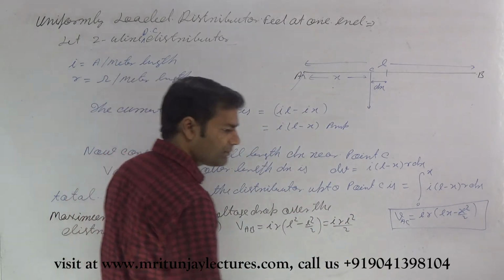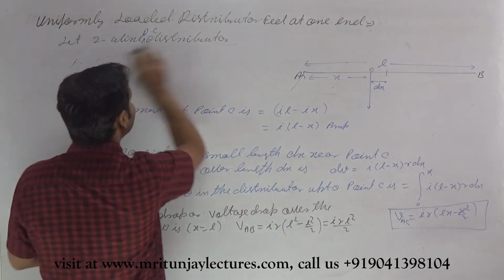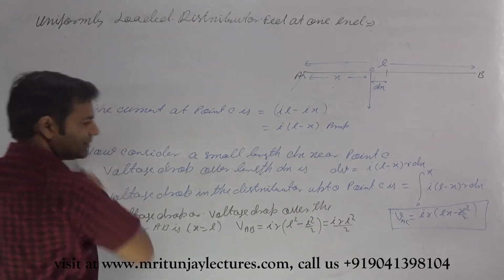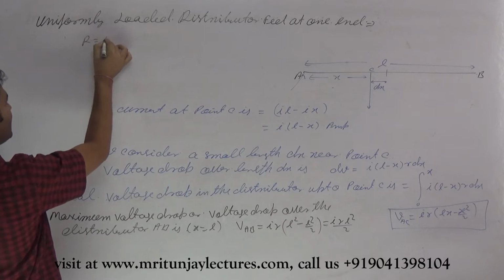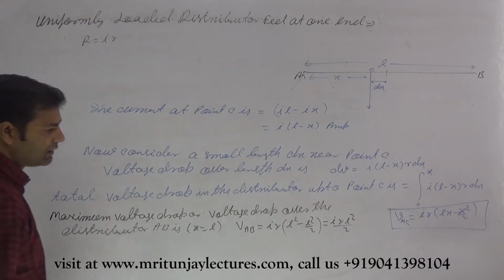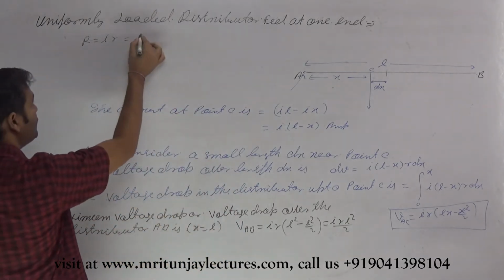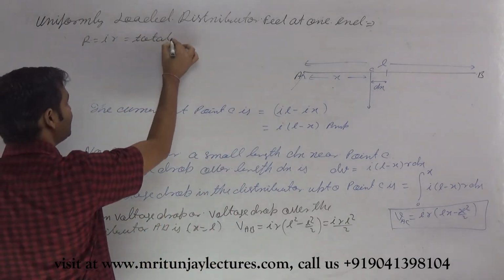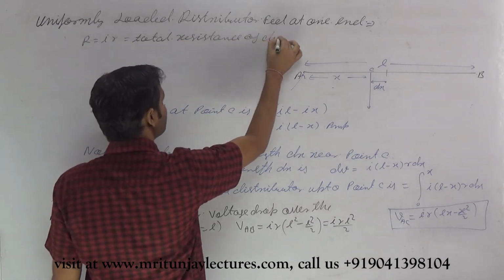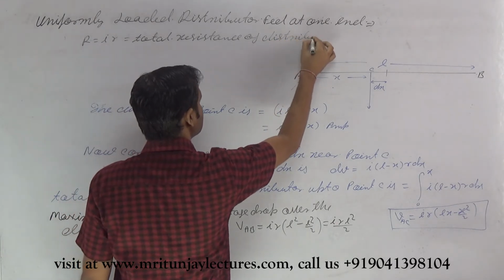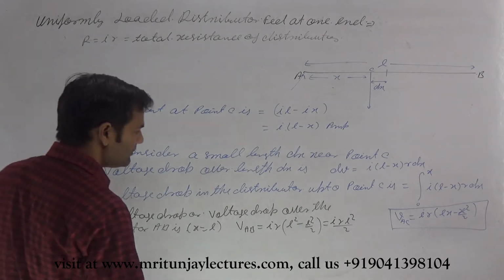Okay, capital R is small r into L, the total resistance of the distributor.